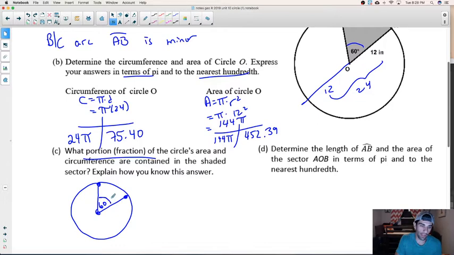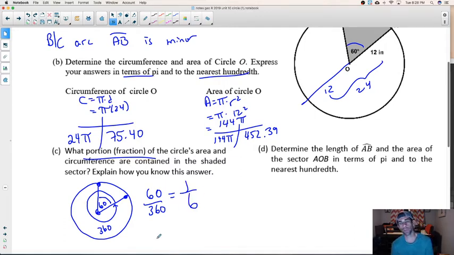Well, they gave me 60, and there is a total of 360. So 60 out of 360 is contained in that sector. If you simplify that, you're going to get 1/6. Okay? Since this was a central angle, that's how you know you're able to bound that out.